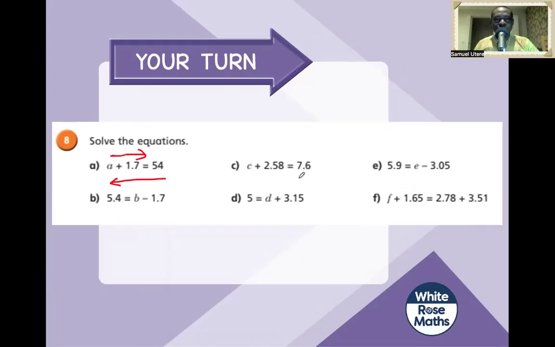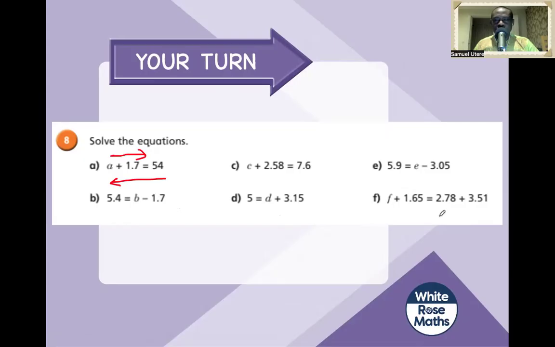Here is going to be 7.6 minus 2.58. Here is going to be 5.9 plus 3.05. Here is going to be 5.4 plus 1.7. Here is going to be 5 minus 3.15.